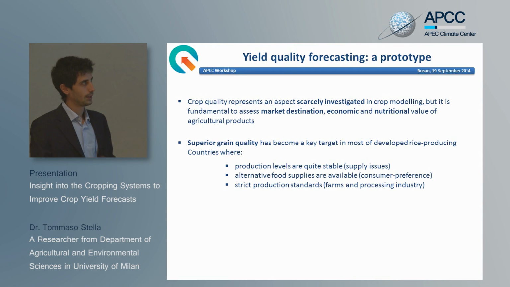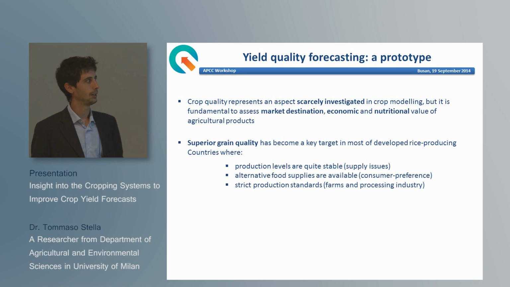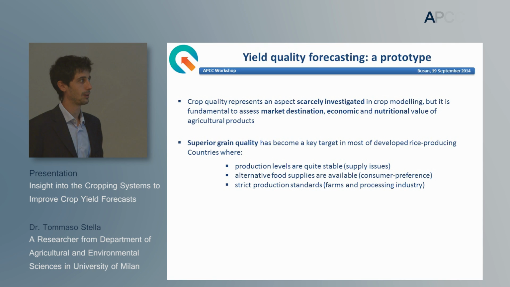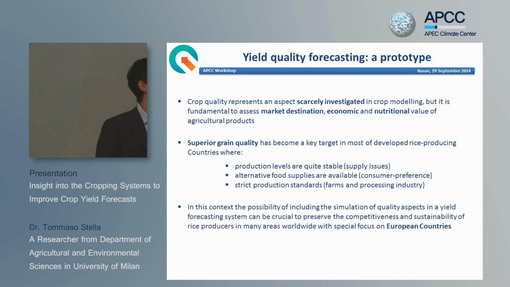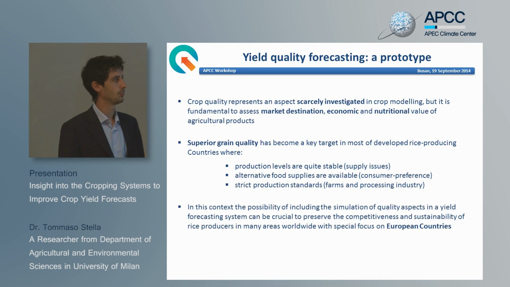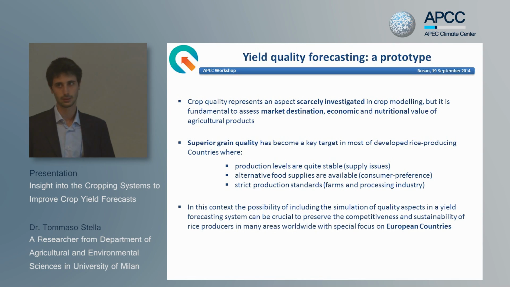Superior grain quality has become a key target in most developed rice-producing countries, where production levels are quite stable, alternative food supplies are available, and there are strict production standards. In this context, including the simulation of quality aspects in a yield forecasting system can be crucial to preserve the competitiveness and sustainability of rice producers in many areas worldwide.